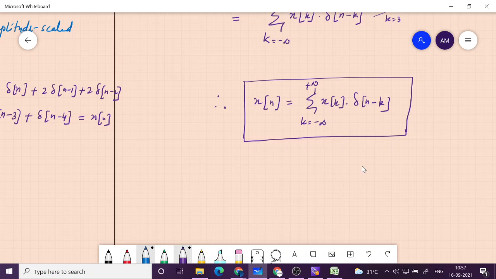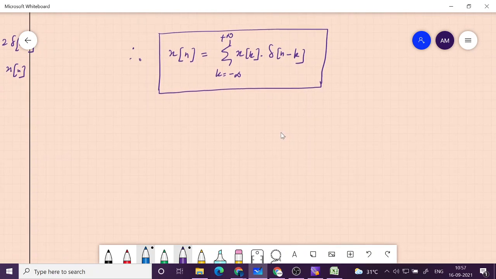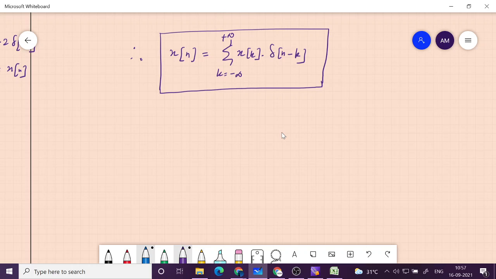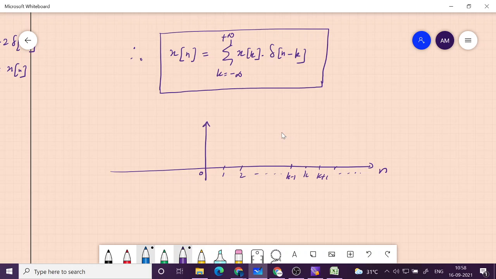So what the right hand side is saying is that you have to add, each term is basically an impulse function at some location k. So for example, let us take one particular function. This is 0, 1, 2 and like that. Say somewhere you have k minus 1, k plus 1 and then like that. This is n varying.